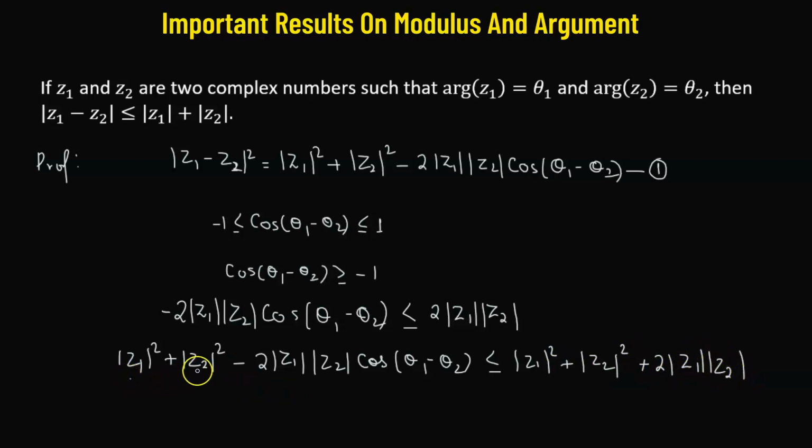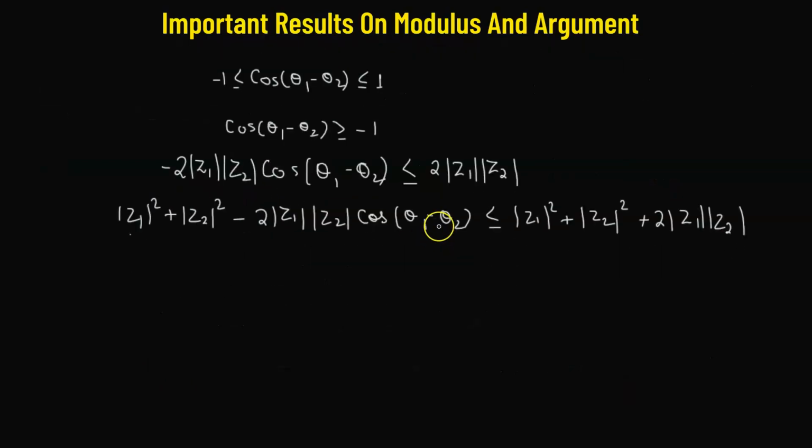Now the expression on the left hand side can be replaced, as given in equation number 1, with absolute value of z1 minus z2 squared. So we now have absolute value of z1 minus z2 whole squared less than or equal to, and this particular expression can also be expressed as absolute value of z1 plus absolute value of z2 whole squared.